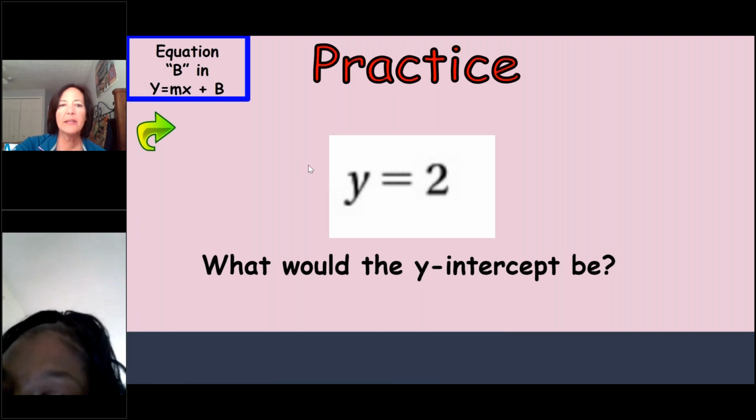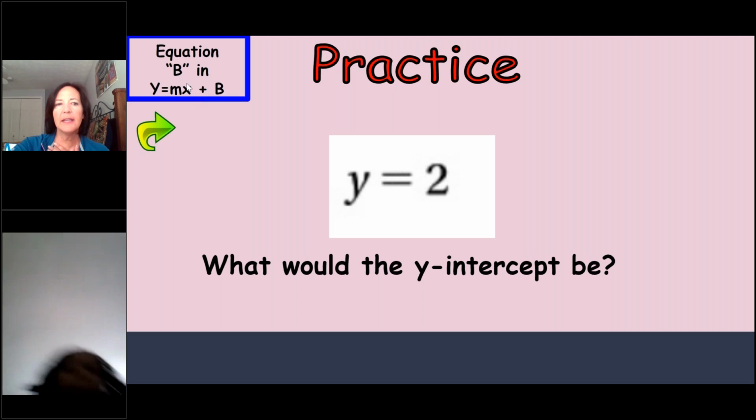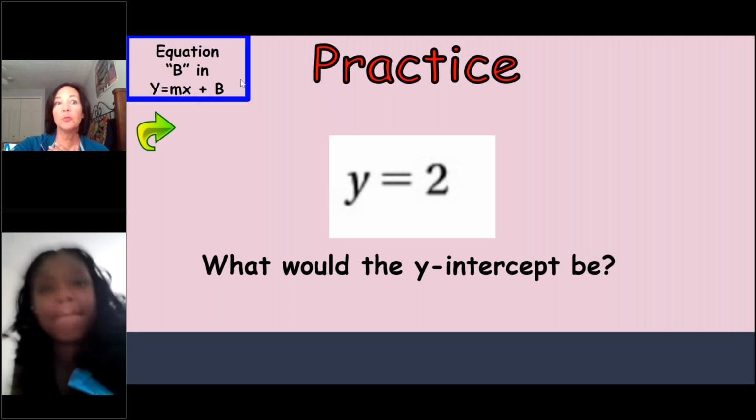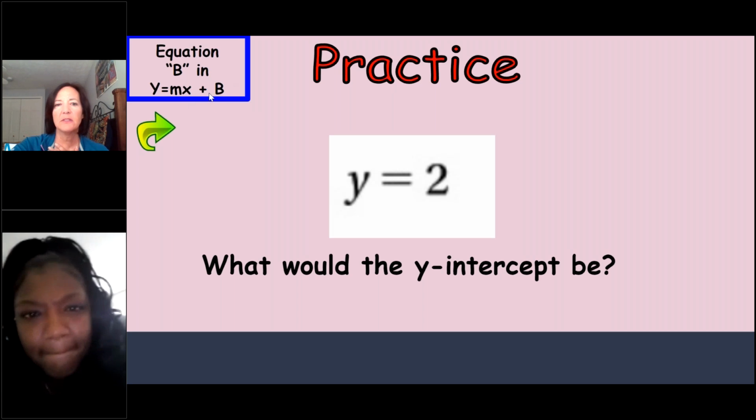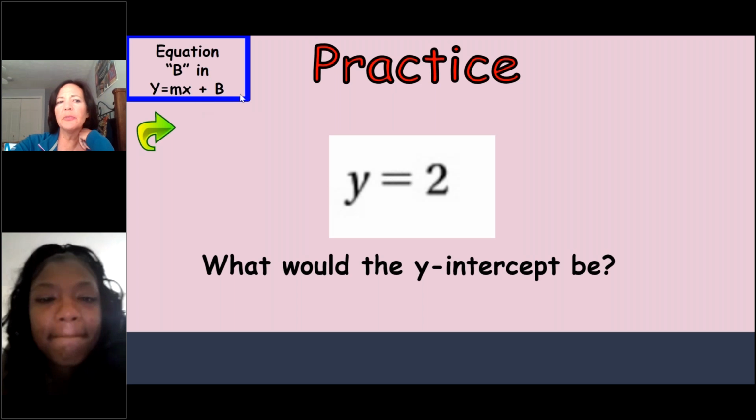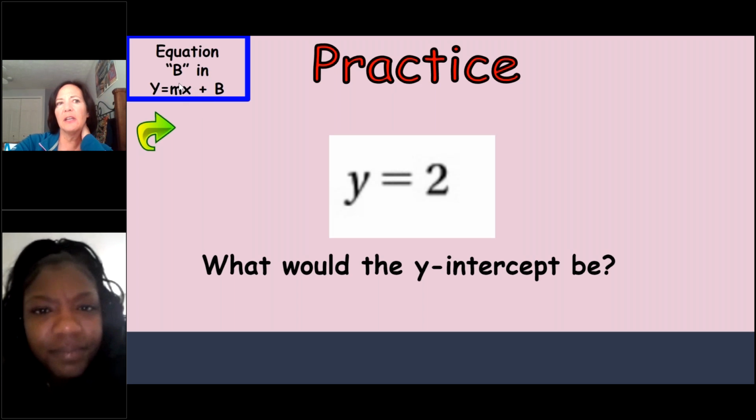So we have our y equals. They gave us the y equals like they're supposed to. But we're expecting to see an mx, and we're expecting to see a b. Which one of those terms did they leave off? The number multiplied by x, or did they leave off the number by itself?